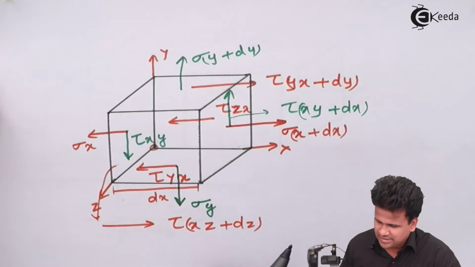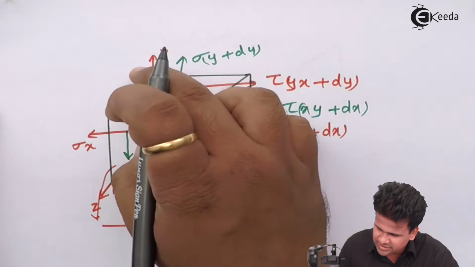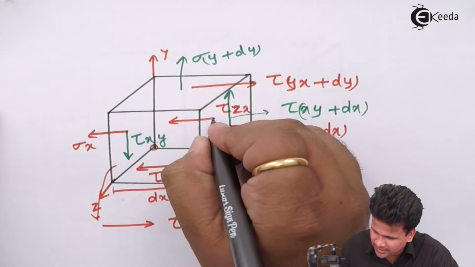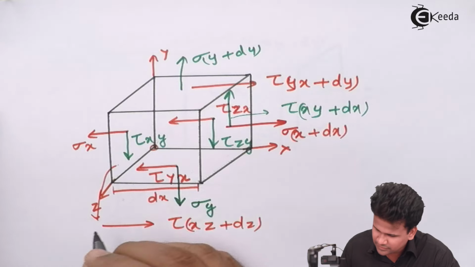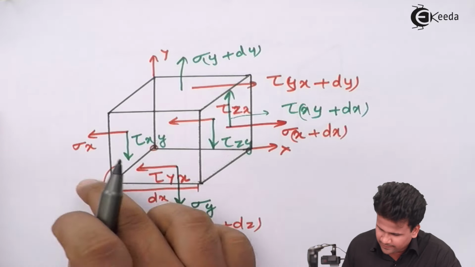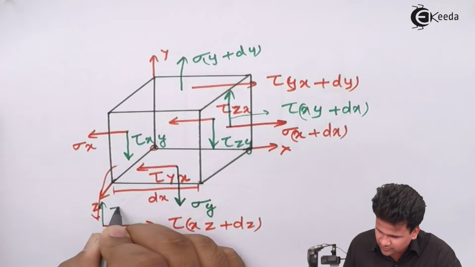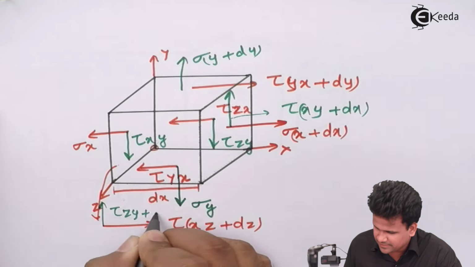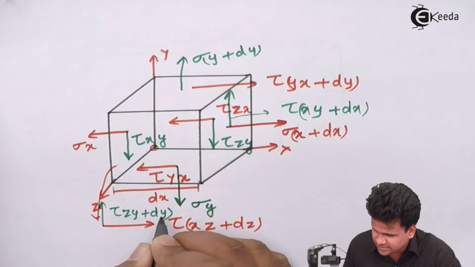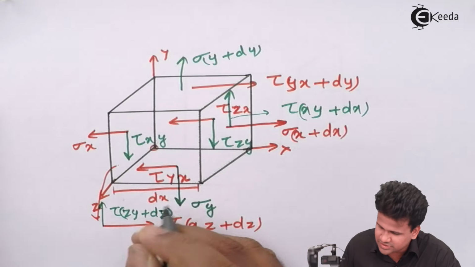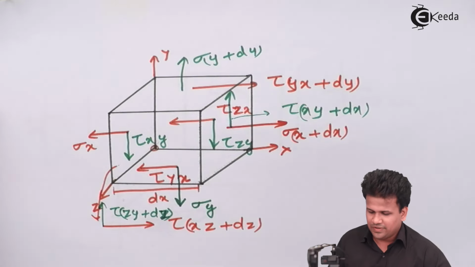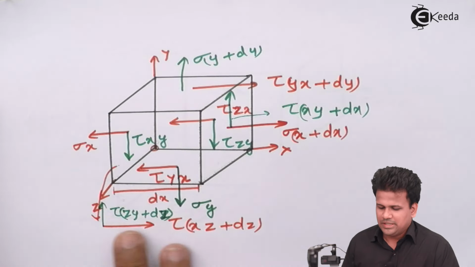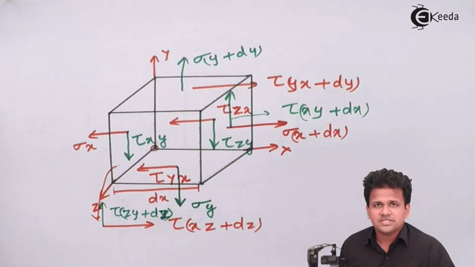And the last part which we'll consider over here is the plane which is behind, that is the z plane. So this is tau of z plane y direction, and over here this will be tau of z plane y direction plus dz, not dy, because the distance between these two planes is dz. So we have denoted all the y direction stresses.